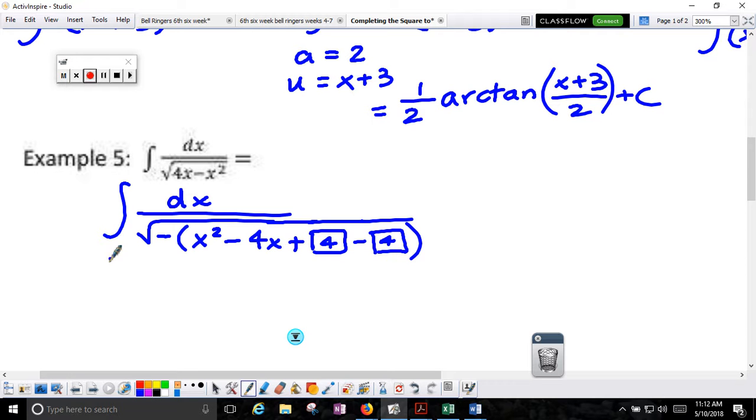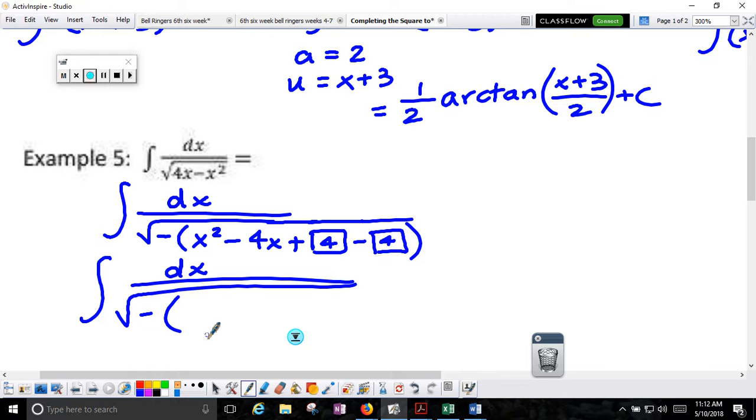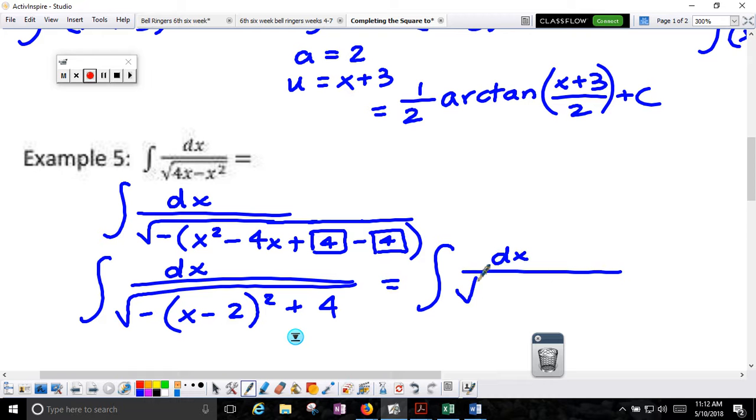So let's evaluate what we have. So inside the integral, I'm still going to go ahead and write that as a binomial squared. So that's going to be x minus 2 squared. And then let's see, this 4 has what sign? Well, it's negative. Is it times this negative here? It is times that negative. So that's a plus 4. So in the denominator, I have the square root of 4 minus the quantity x minus 2 squared.